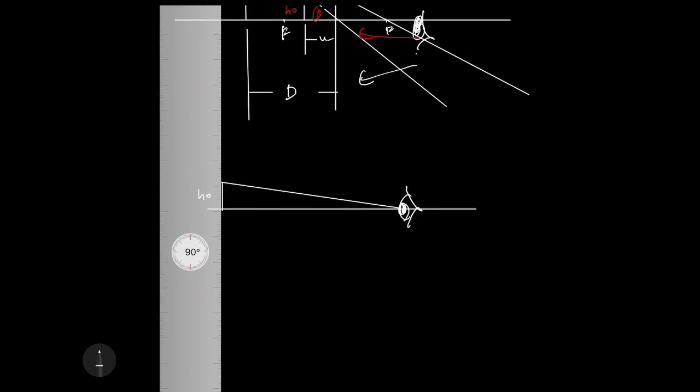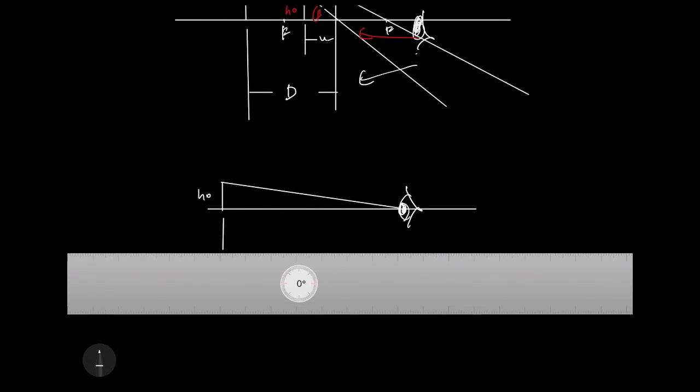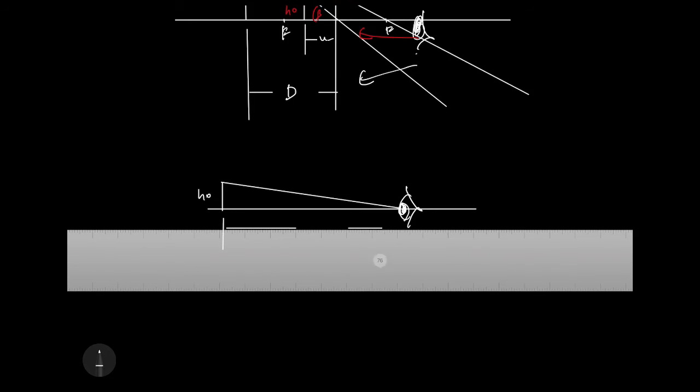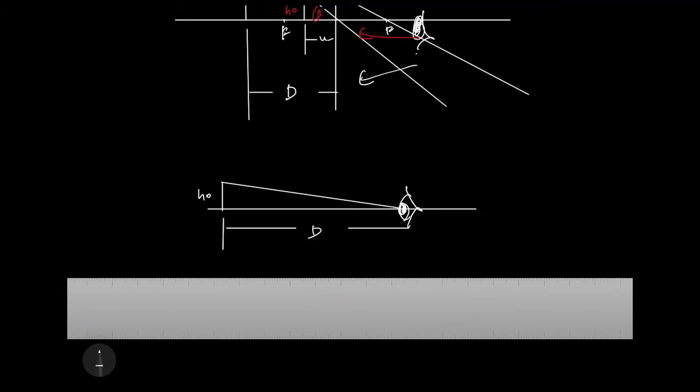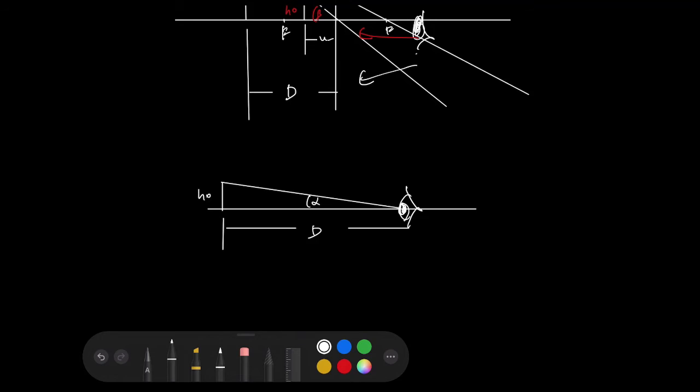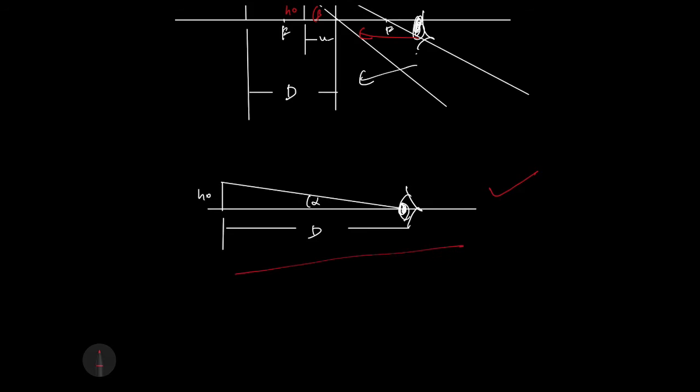And where did you keep the object to view it the best? You kept it at the least distance of distinct vision, so at this distance d. So this is your alpha. Note that for all microscopes, irrespective of whether it's simple or compound, this diagram is always there for the alpha.